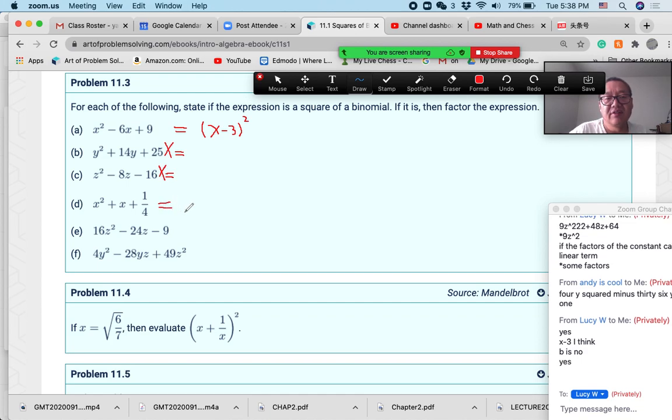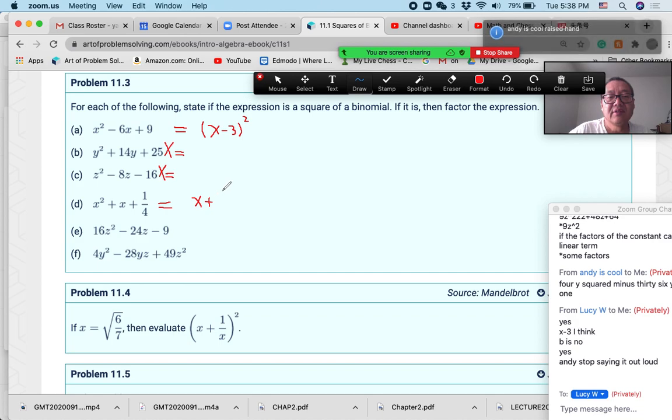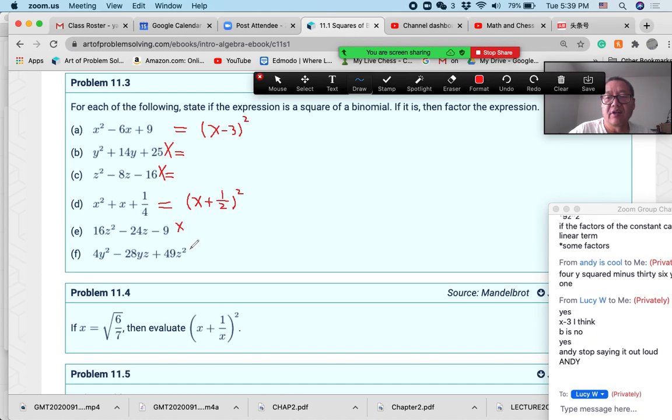D. So then write your answer for this. That'll be x plus 1/2, parentheses, square. Okay, good. Then now let's move to E. No, it's not. Okay, this one no.